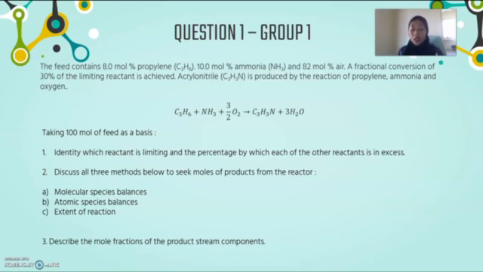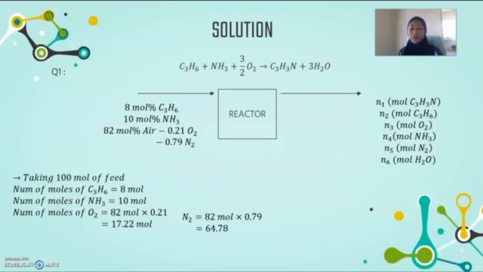It has 3 parts: A is molecular species balance, B is atomic species balance, and C is extent of reaction. Number 3, describe the mole fraction of the product stream components. Okay, for the solution, question 1.